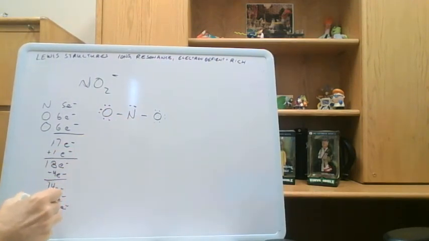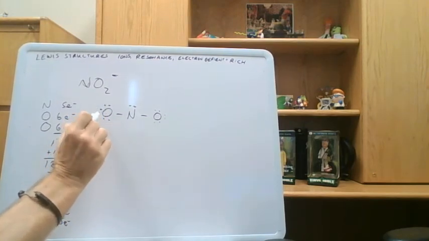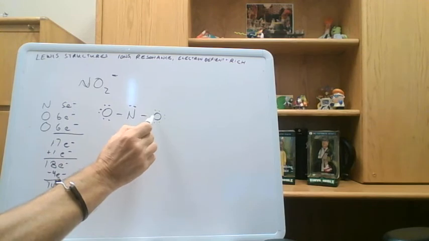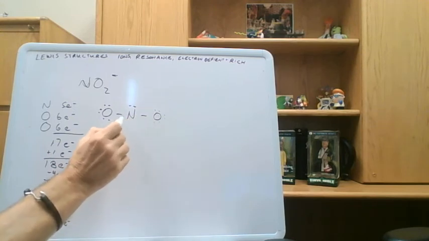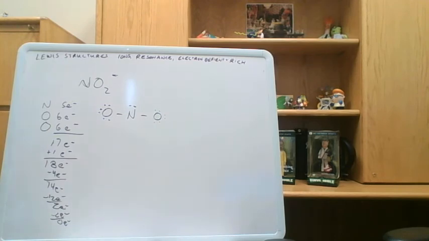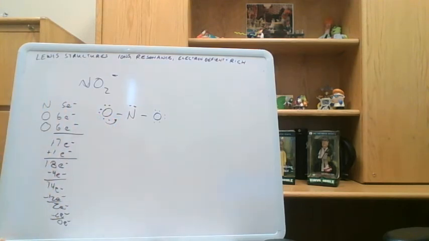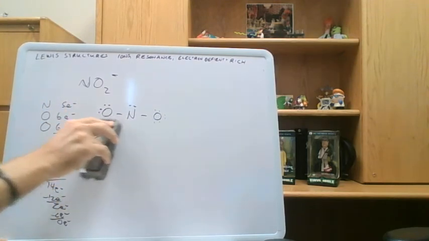So now we've used all of our electrons, but if we look at this oxygen, it sees 2, 4, 6, 8 electrons around it. This oxygen sees 2, 4, 6, 8, but this nitrogen only sees 2, 4, 6. Right, and so what we have to do is increase the amount of sharing that we have taking place. So we're going to form a double bond by moving this pair inside of here.